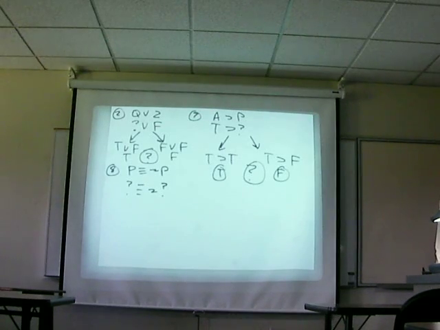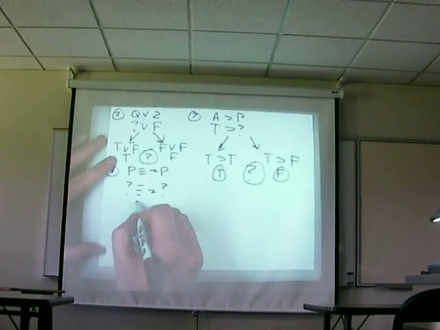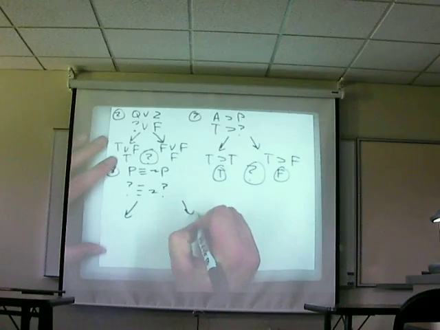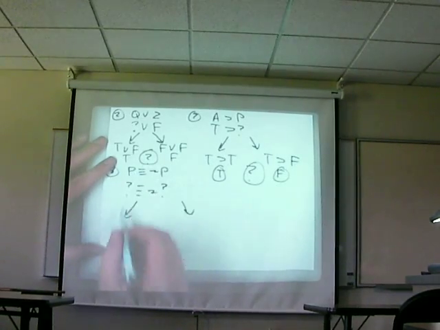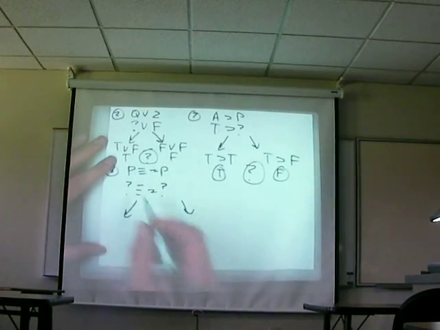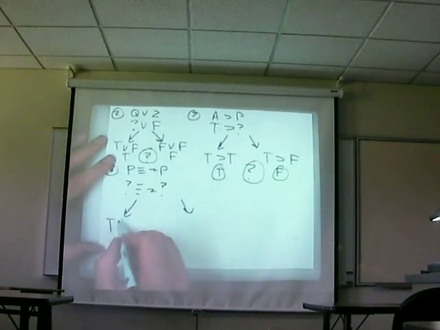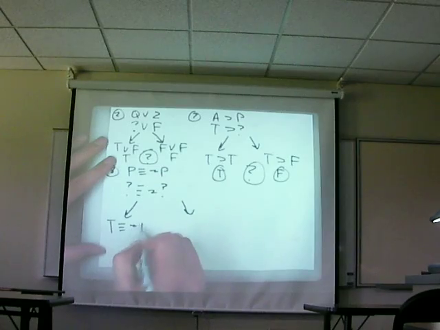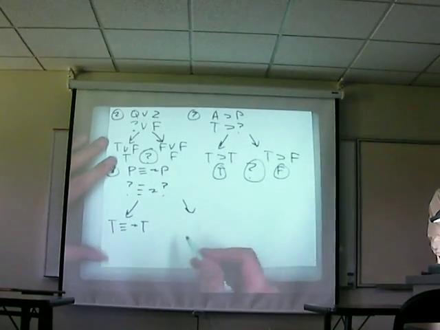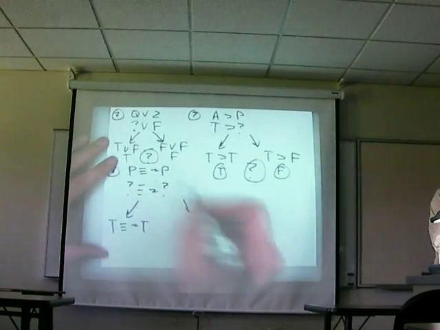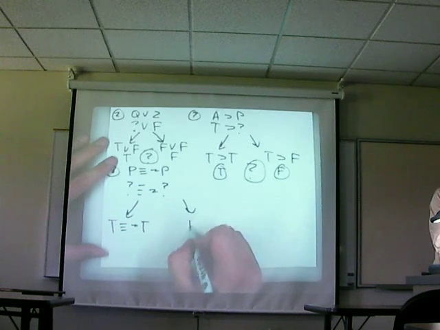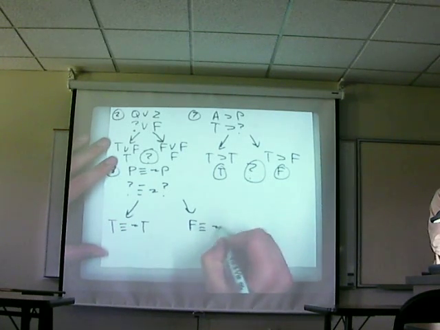So let's explore the possibilities here. And once again, we'll branch things off. What if P were true? If it were true, we get T triple bar not T. The other possibility, of course, is for P to be false. If P were false, we'd get F triple bar not F.